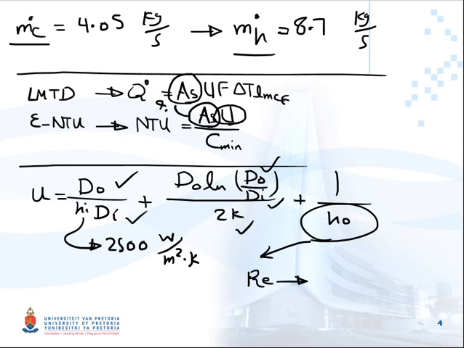After finding the Reynolds, we need to find Prandtl. By having Reynolds and Prandtl, we need to look, based on the range of Reynolds and Prandtl and the situation, to find the right correlation to calculate Nusselt. After calculating Nusselt, we can find the heat transfer coefficient.